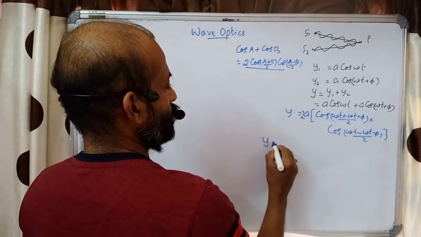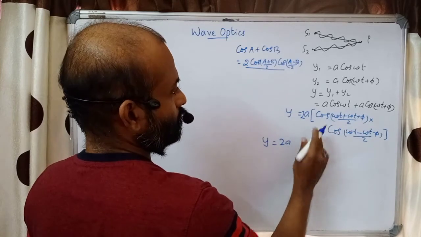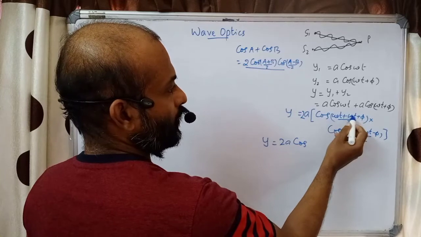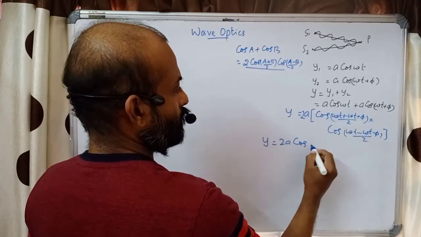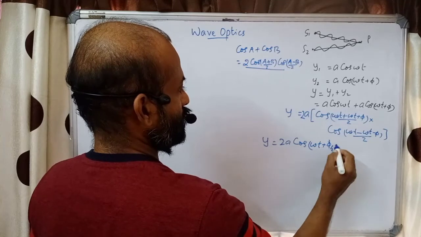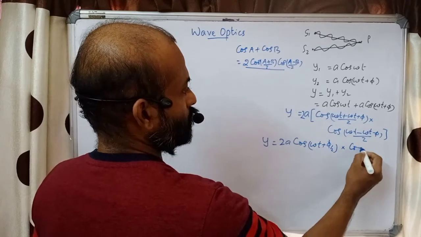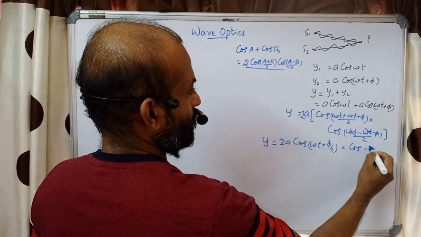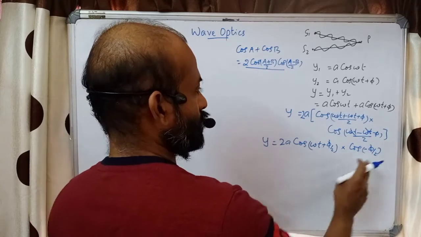So what is the net displacement? y is equal to 2A cos of (omega t plus omega t) by 2, that is (omega t plus phi by 2). Then the second term will be cos, these two cancel, so minus phi by 2, cos of minus phi by 2. Okay, this is the second term.